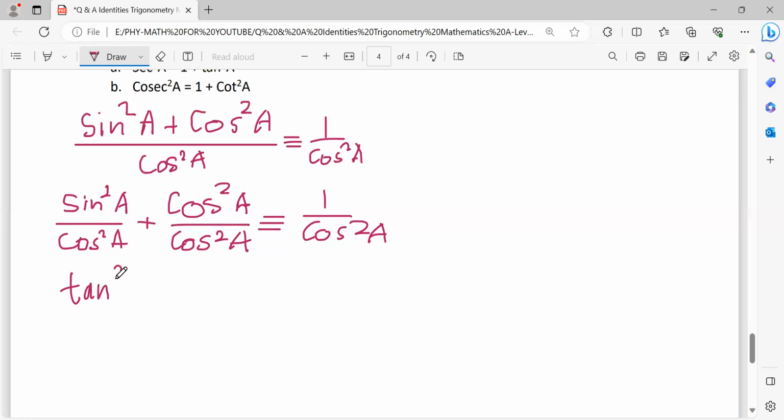Tangent squared A plus 1 equals 1 over cos squared A, or equivalent, secant squared A. So proved. Part B. This is A, and this one is B.